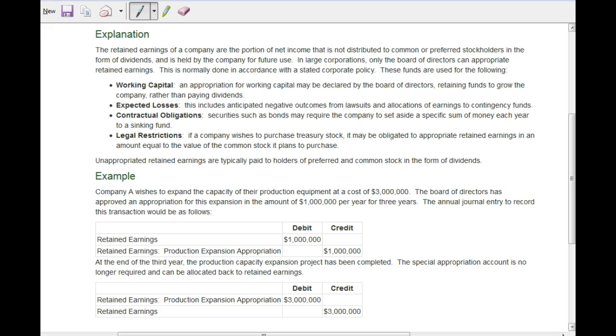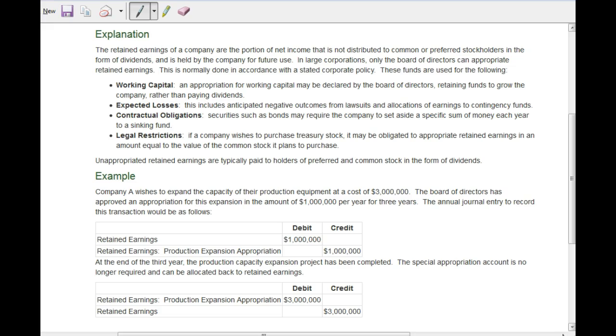It is not an indication of the amount of money available for paying bills. It's an indication of how the company has accumulated net income.